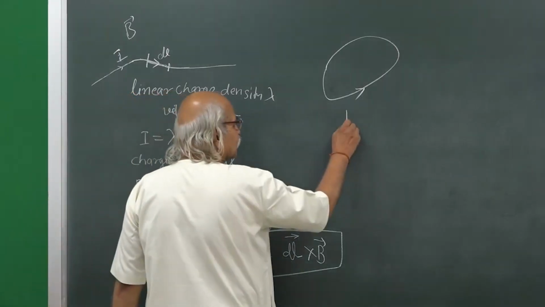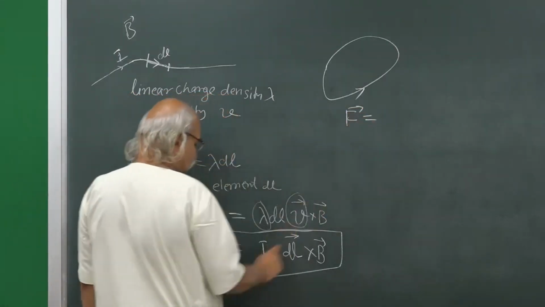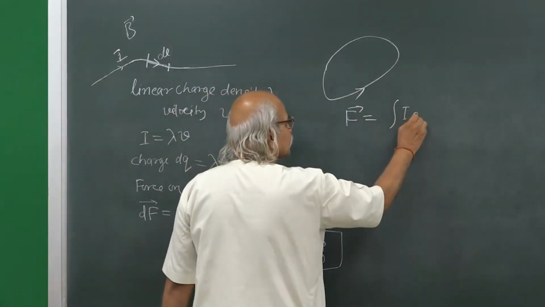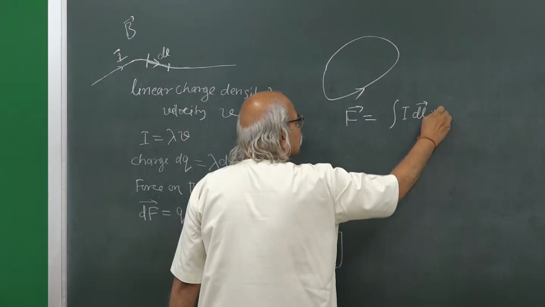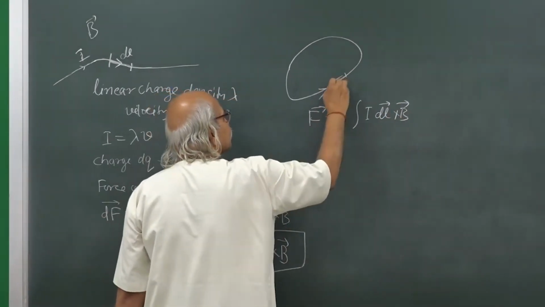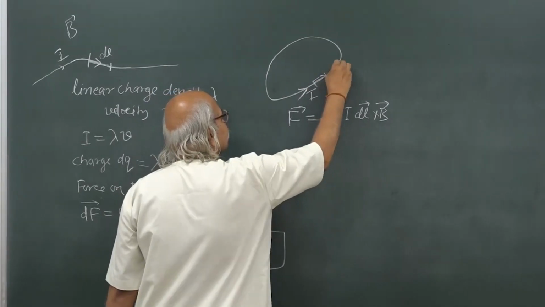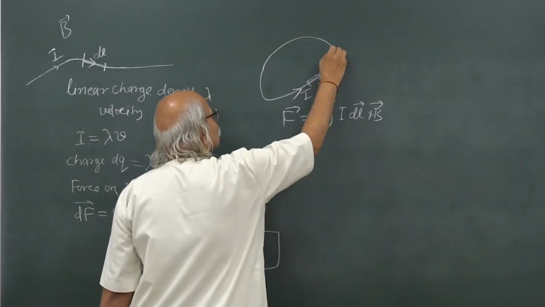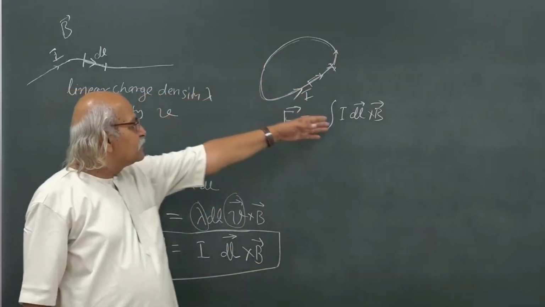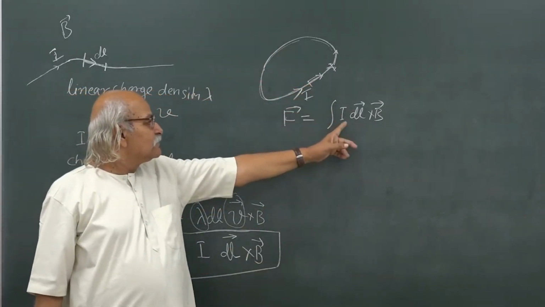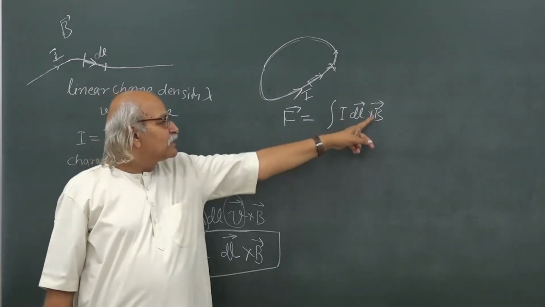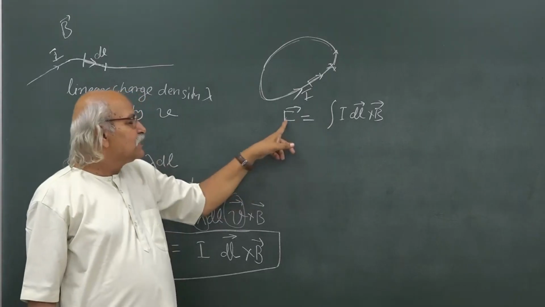So, F is equal to the integration of I dl cross B. So, a current I is going here, we take dl here, then we take dl here, then dl here, and so on. For the entire circuit we will divide it into dl, and for every dl we will calculate I dl cross B, and this whole thing summed up, integrated, will give you F.